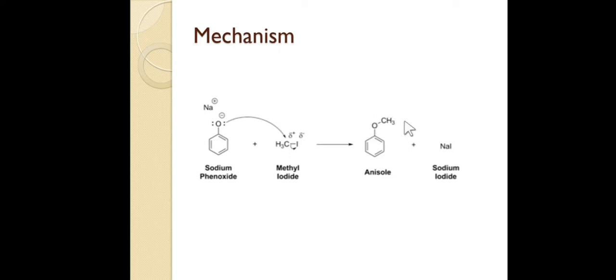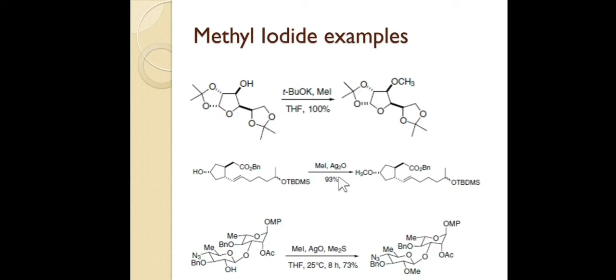We will get OCH3 and sodium iodide, or potassium iodide, as a side product, which can be washed out with water. So this is how methyl iodide methylates the OH of phenol, acid or alcohol. These are some examples.